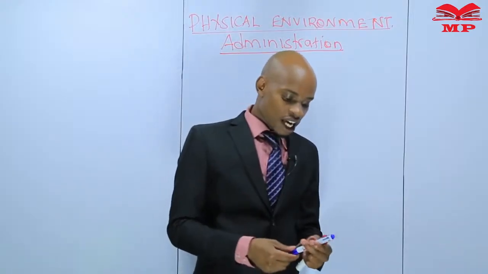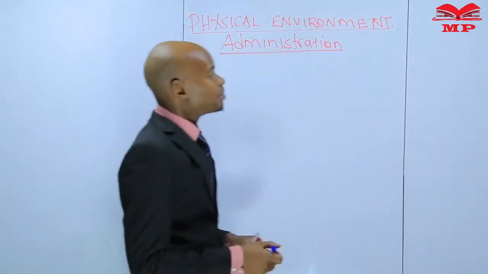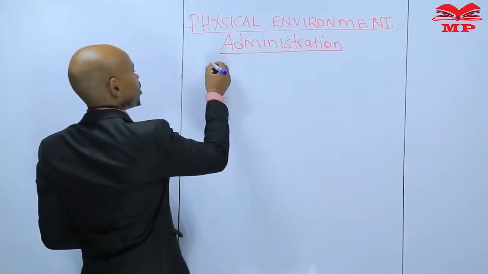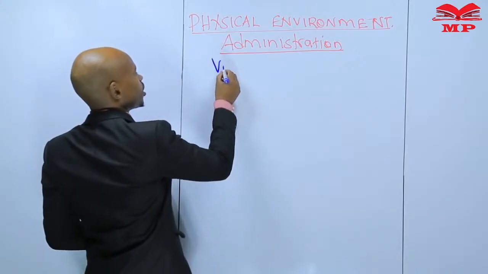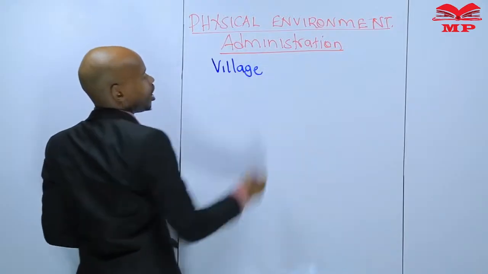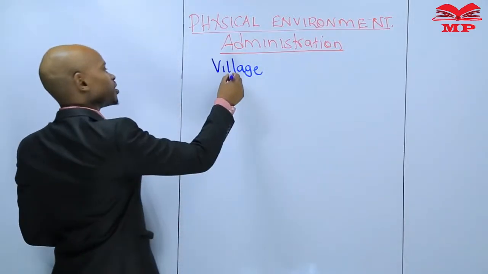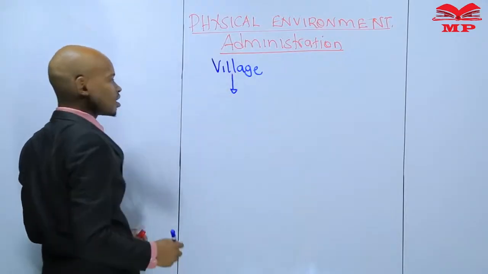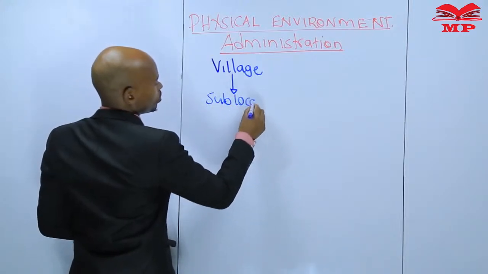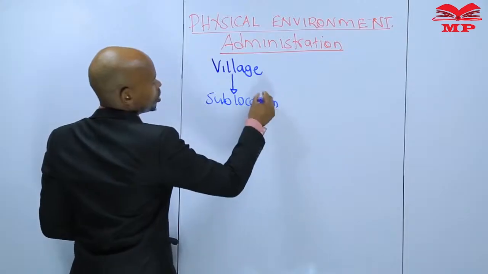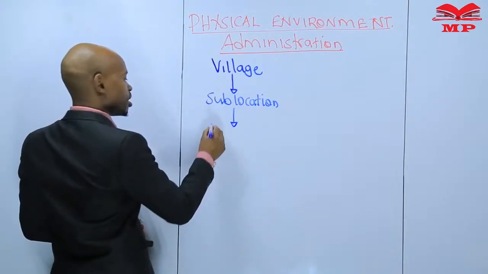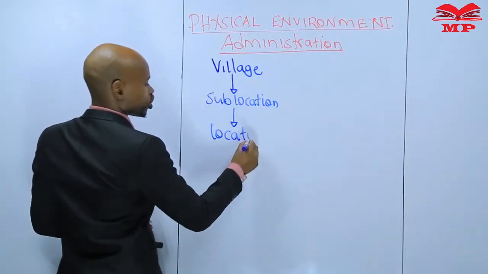And to start, let us write the administration hierarchy that we have. The smallest hierarchy we have is a village. Many villages make a sublocation. Many sublocations make a location.